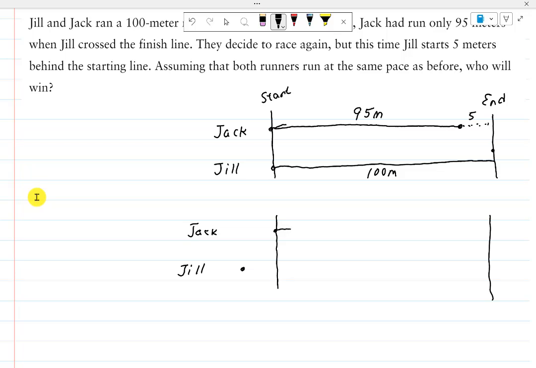So Jack is starting here. I'm going to stop him at 95 again. We know that in the same time that Jack could run that 95 meters, Jill could run 100 meters. Well, there's 5 meters for Jill. There's only 95 to catch up to Jack.